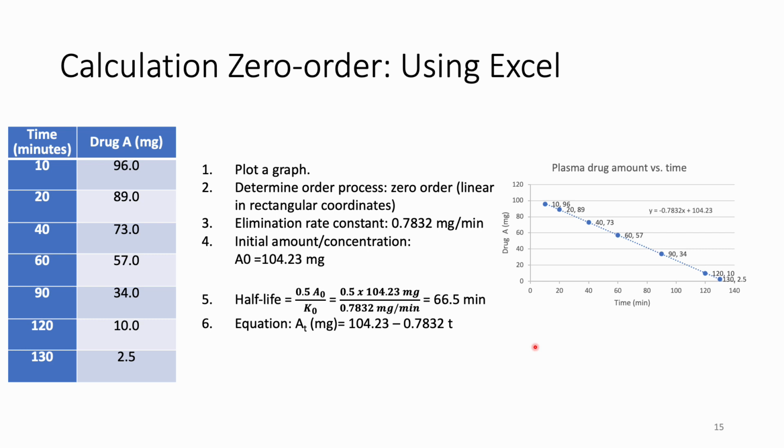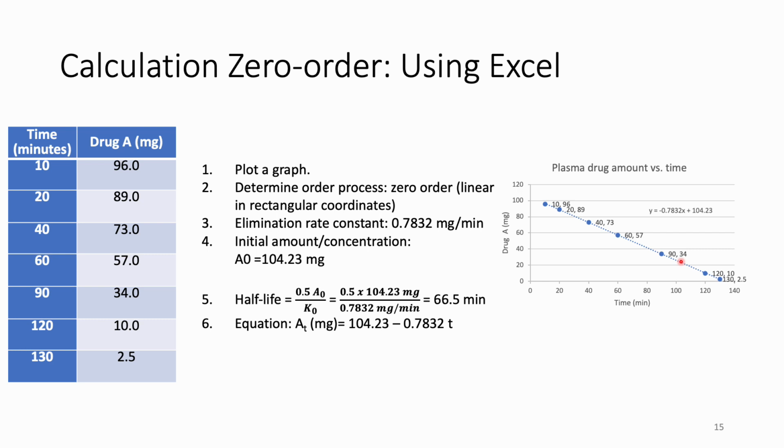So in this case, using Excel I can have this straight line like this. Then again, I look at this rectangular coordinate paper, and it's a straight line, so for sure that's zero order kinetics.